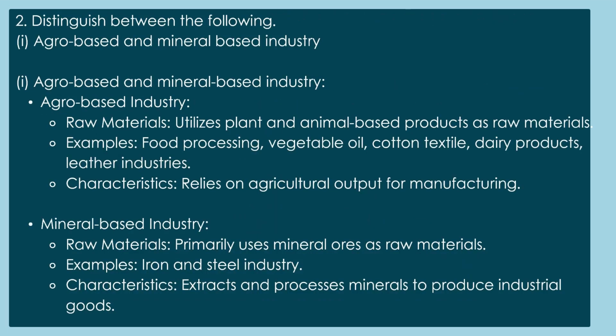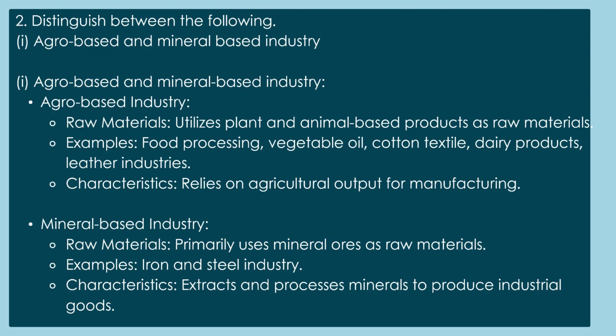Question number 2. Distinguish between the following. The first one is agro-based and mineral-based industry. Agro-based industry utilizes plant and animal-based products as raw materials. For example, food processing, vegetable oil, cotton textile, dairy products, and leather industries.